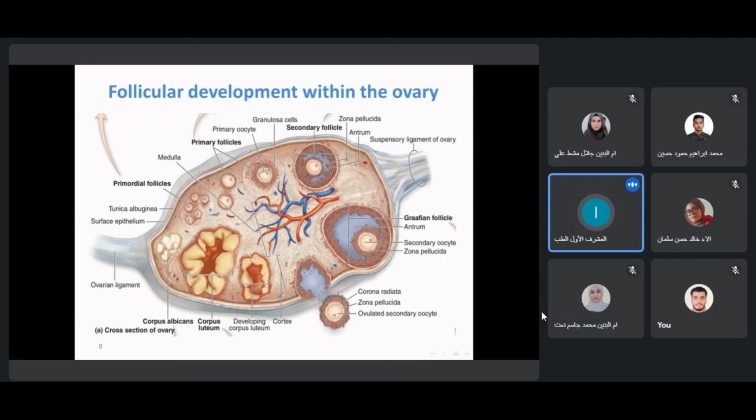The remaining cavity of the follicle will undergo a series of changes until it forms what is called the corpus luteum, the yellowish body, and eventually changes into the white body, which is called the corpus albicans. All these changes occur in the ovarian cortex.